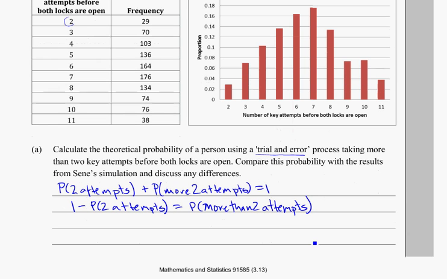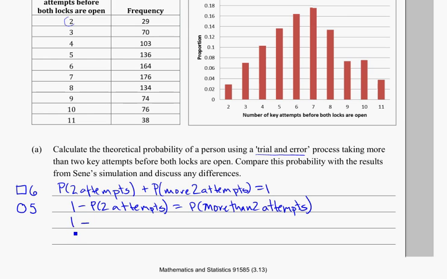So, in theory, we'll say 1 minus the probability of getting it in 2 attempts, which means they get it right on the deadlock first. Remember, we've got a deadlock with 6 possible options. We find the right one, and we've got the door lock, and that leaves us with 5 possible options because we take the deadlock key out.